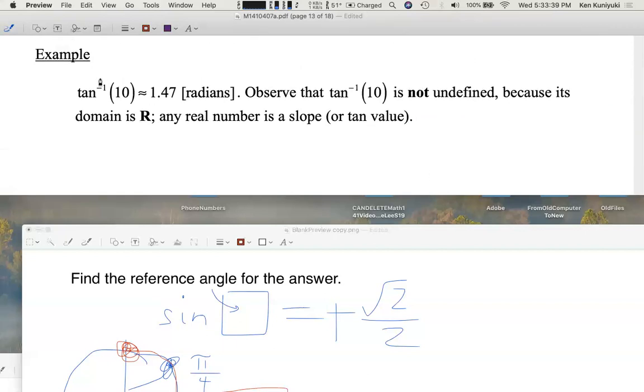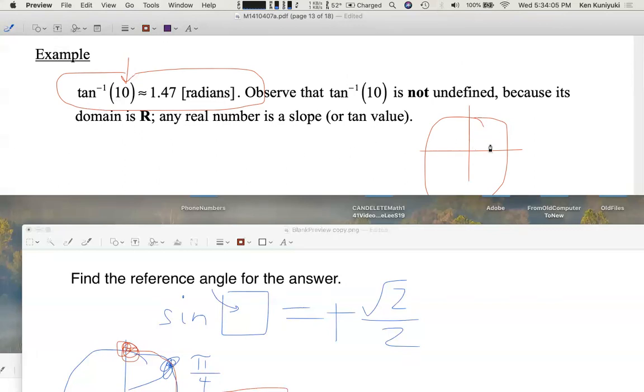The inverse tangent of 10 is defined. It is real, about 1.47 radians, which, by the way, is going to be pretty close to pi over 2. Why is that? Now remember, if this is a positive, legit trig value that we're looking for, then the answer is going to be either an acute angle or quadrantal.